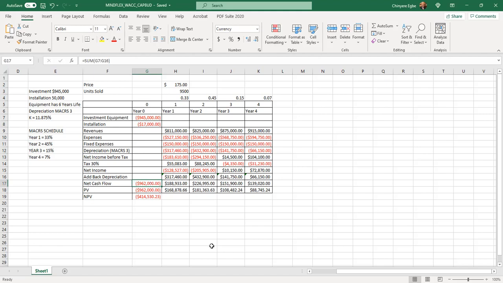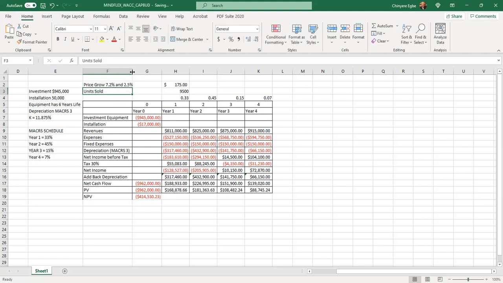Correct. Okay. So now we are told that the price of the good is $175 and will grow 7.2% for the first 2 years, and then 2.5%.